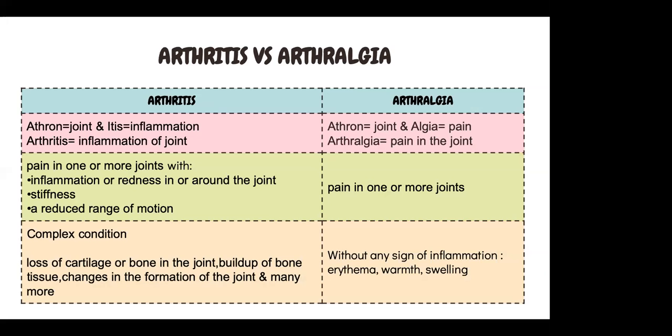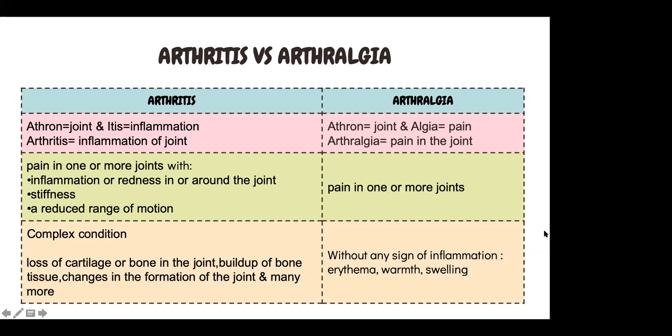Before we proceed, let's make sure that we know the difference between arthritis and arthralgia, just in case. Basically, arthralgia is pain in one or more joints, while arthritis is pain accompanied by another manifestation such as inflammation or redness, stiffness, or reduced range of motion.